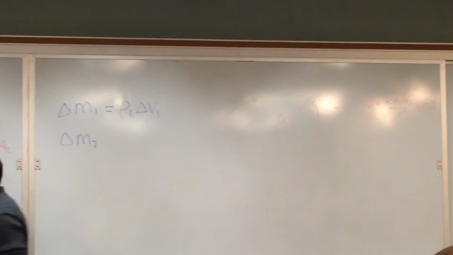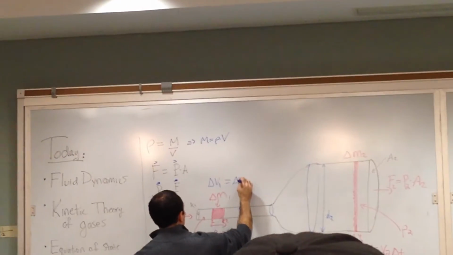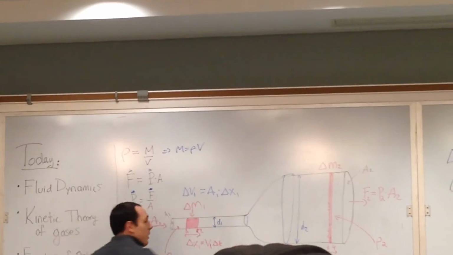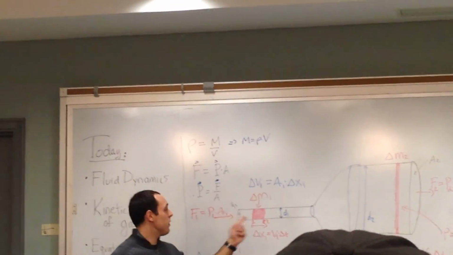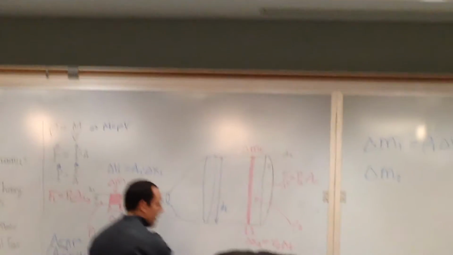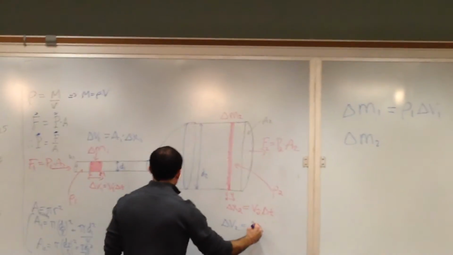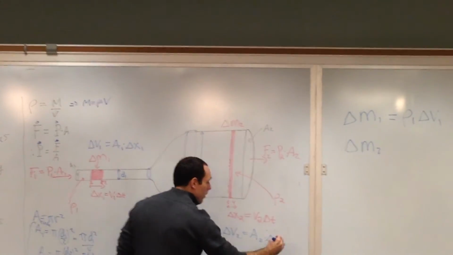Of course, we know what the change in volume is: delta V1 is just A1 times delta x1. Area is 2 dimensions, distance is 1 dimension, so the volume is 3 dimensions. And over here, the volume that it occupies is A2 times delta x2.